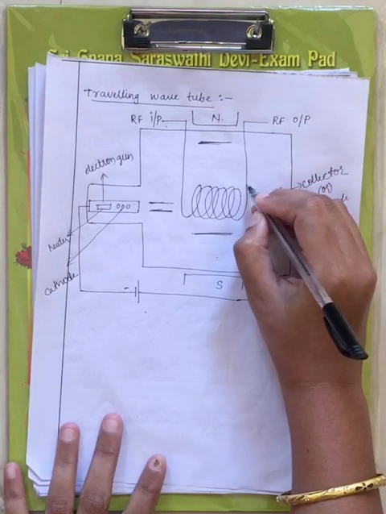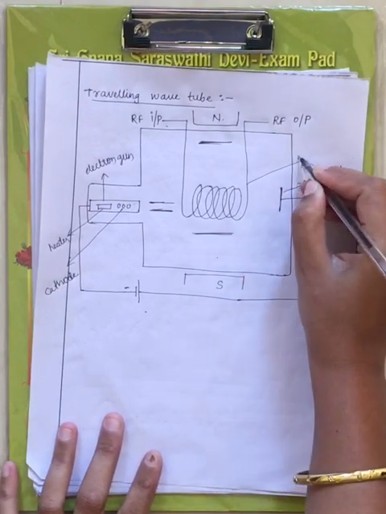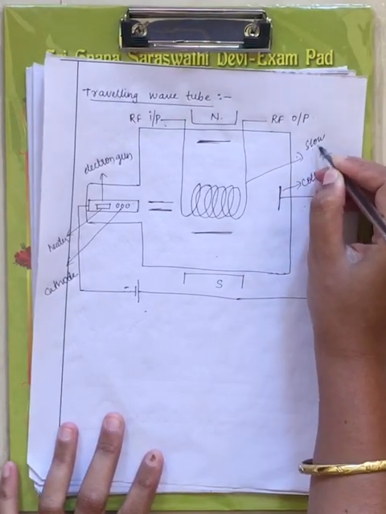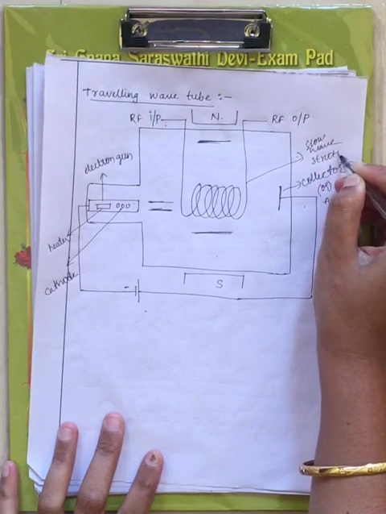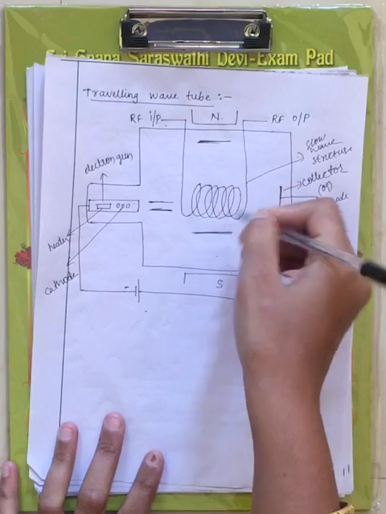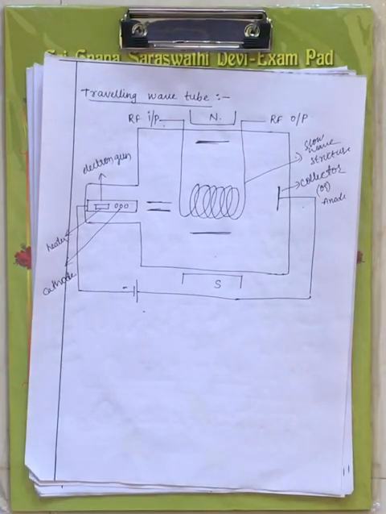Whatever signal you want to amplify is given through this input. Now this we call the slow wave structure. It contains a helix. Why it is called slow wave structure, I will say while explaining its operation.